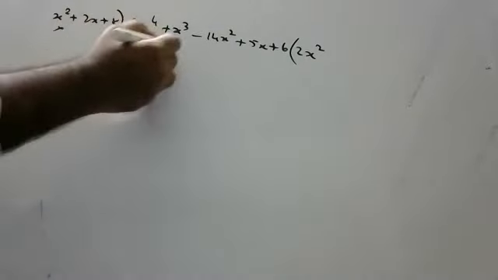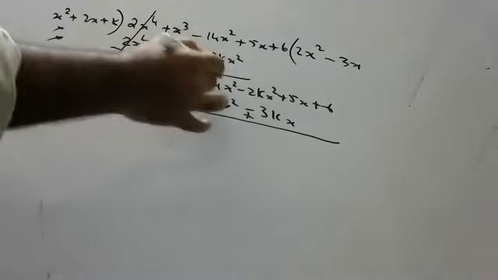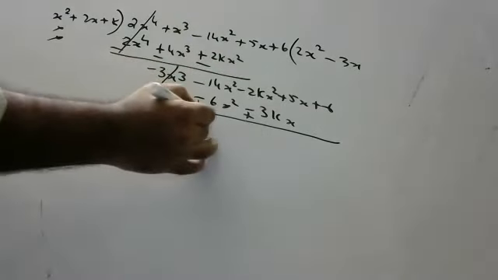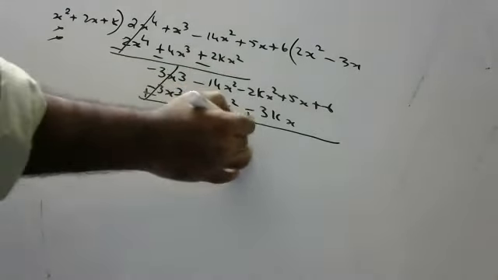This with this, how much will you get, children? Minus 3x. Minus 3x into x square is minus 3x cube. Minus 3x into 2x is minus 6x square. Minus 3x into k is minus 3kx. Plus gone. Minus 14 plus 6 is minus 8x square, minus 2kx square, plus 5x plus 6.